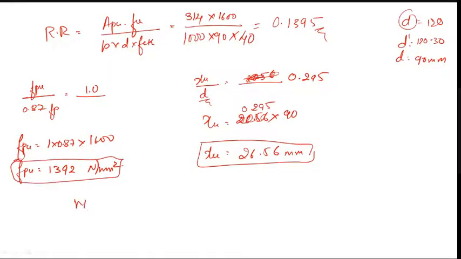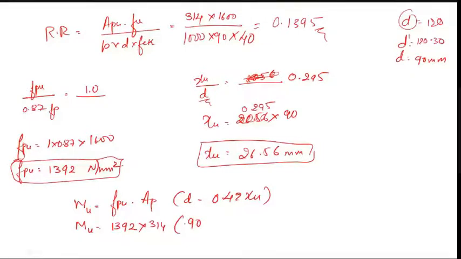Then what you have done, you have calculated the ultimate moment of resistance. It is given by fpu into Ap, in the very first chapter we have done this, into d minus 0.42 xu. Mu, how much have you got? fpu value is 1392 multiplied by Ap, d was the effective depth minus 0.42 xu, xu value was this much. Therefore we have got 34.46 kilonewton meter.